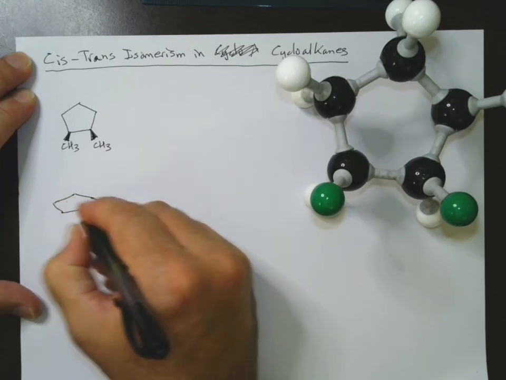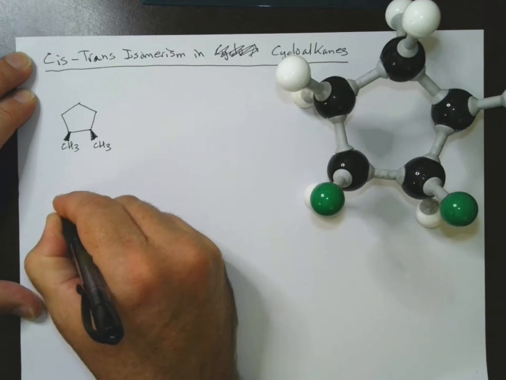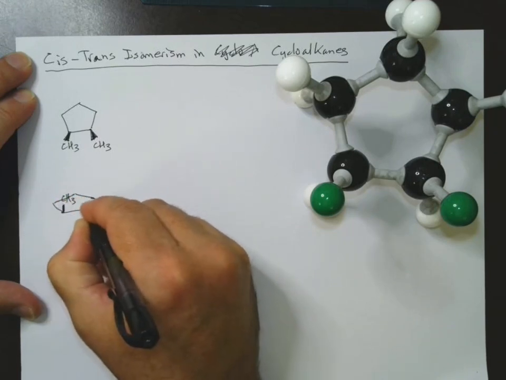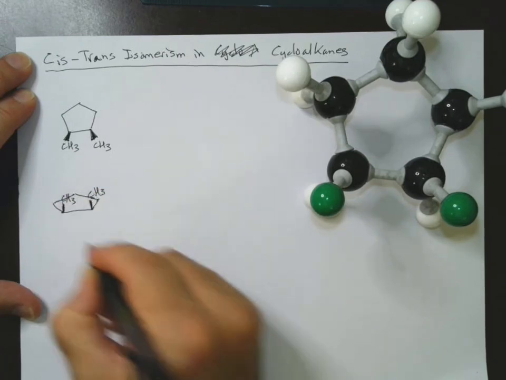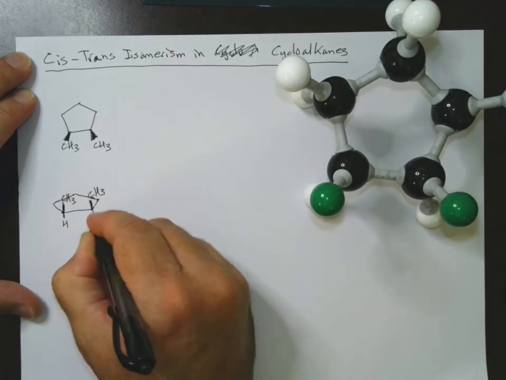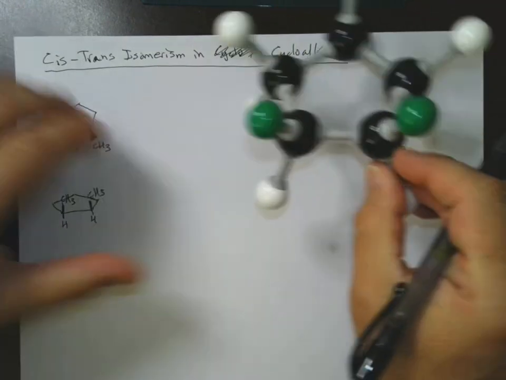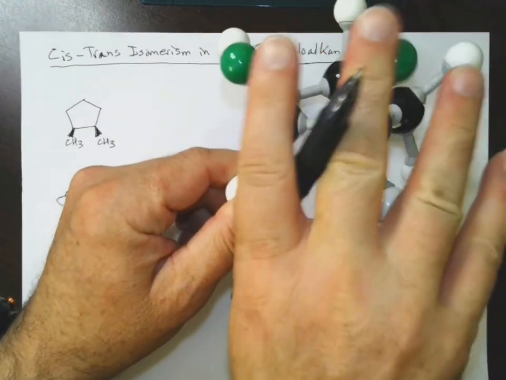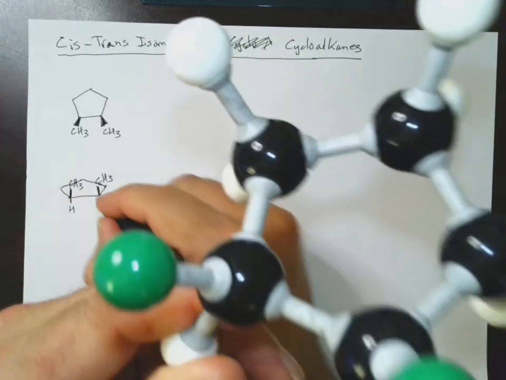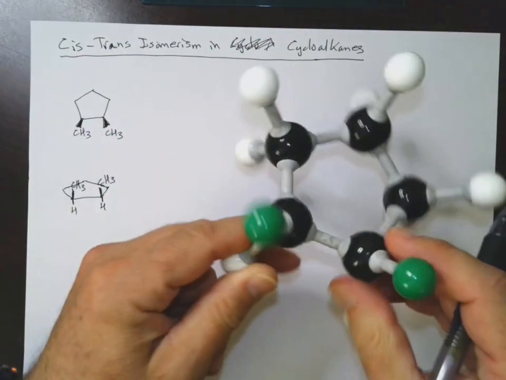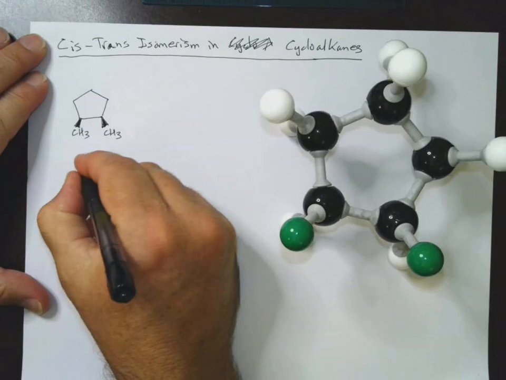I've got my CH3, and CH3, and then H. That's looking at it from the end. These are sticking up, though they're actually not sticking straight up like that; that's just stylized. This is cis.